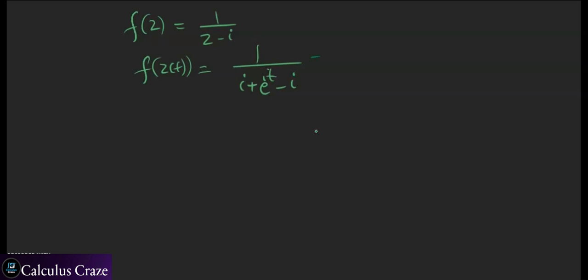Because my f of z is equal to 1 over z minus iota, f of z of t becomes 1 over iota plus e to the iota t minus iota, which is basically e to the minus iota t, and z of t is equal to iota plus e to the iota t. When I differentiate, I get iota times e to the iota t.